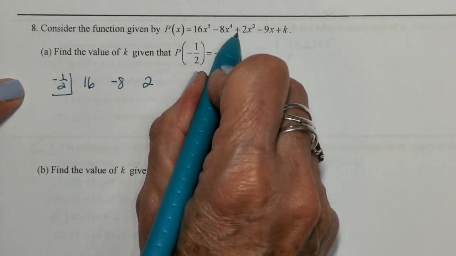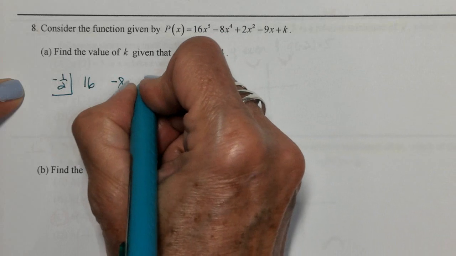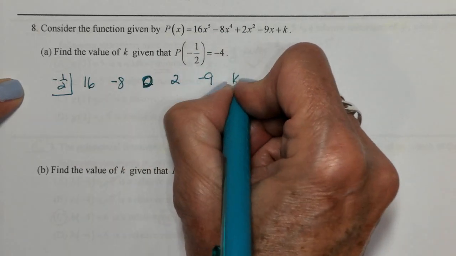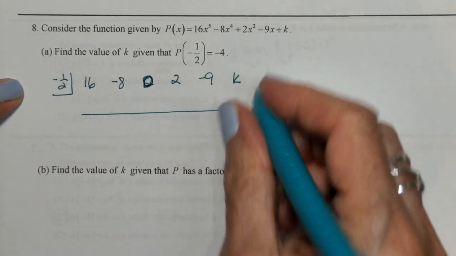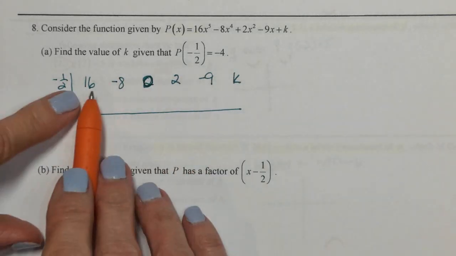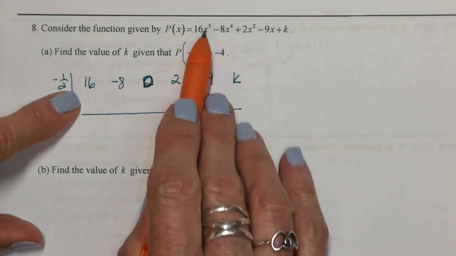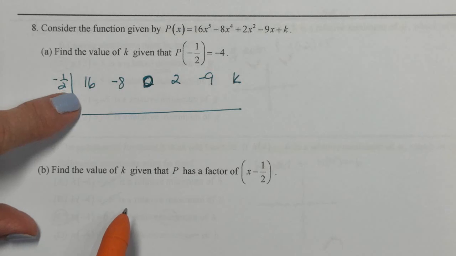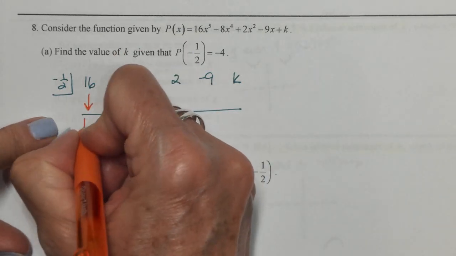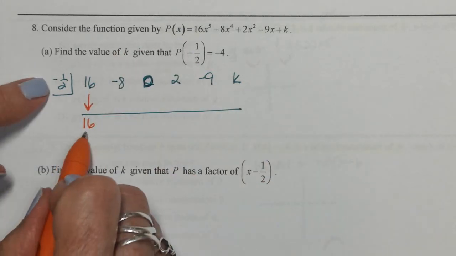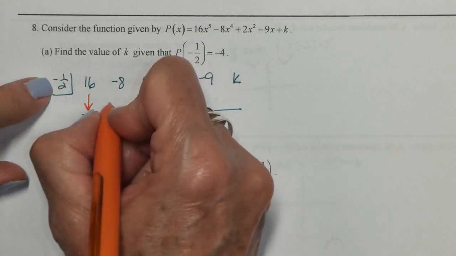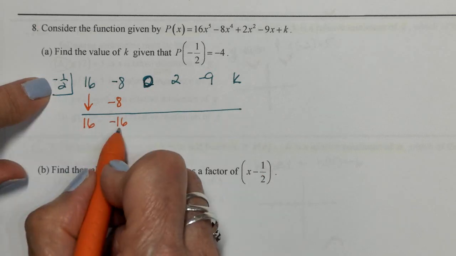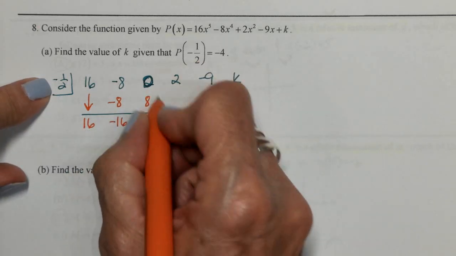I almost missed a 0 for that x cubed. I'm going to make that into a 0 here. Make sure I have all my signs right. 1, 2, 3, 4, 5, 6, and it's a 5th degree function, so yes, this is good. All right, pull down 16. Negative 1/2 times 16 is negative 8. Add. Negative 1/2 times negative 16 is positive 8.